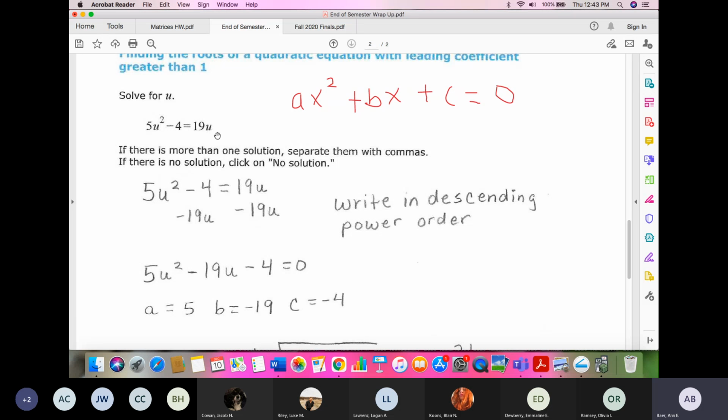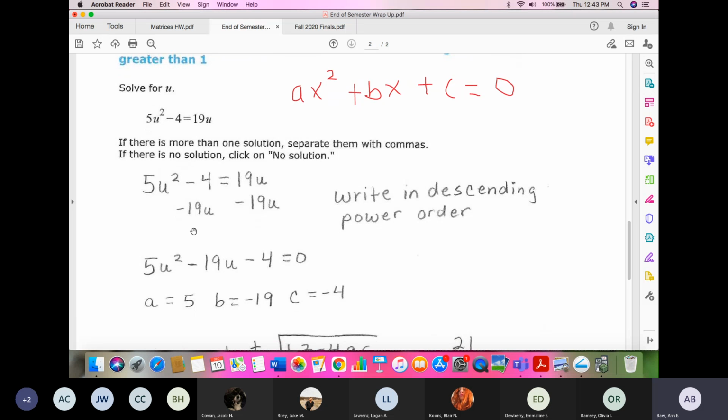So we want to move the 19u to this side. The opposite of addition is subtraction, so let's subtract 19u from both sides.